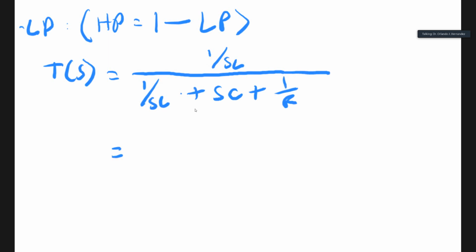And that, with some manipulation, gives the denominator for the poles, that second order equation that we had looked at.